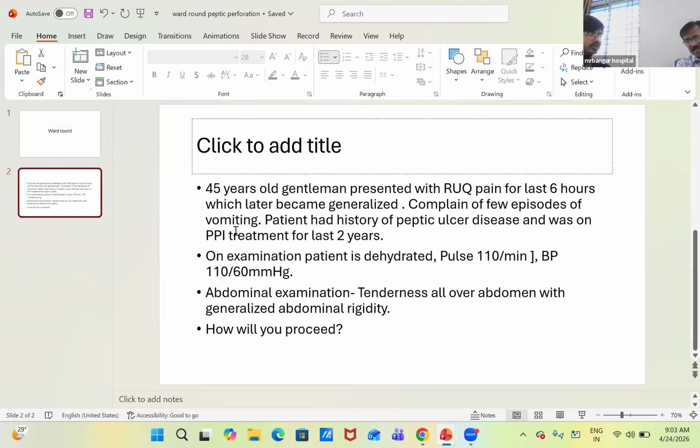What may be the other techniques for closure of perforation? Have you seen any other technique that how a large perforation may be opposed?